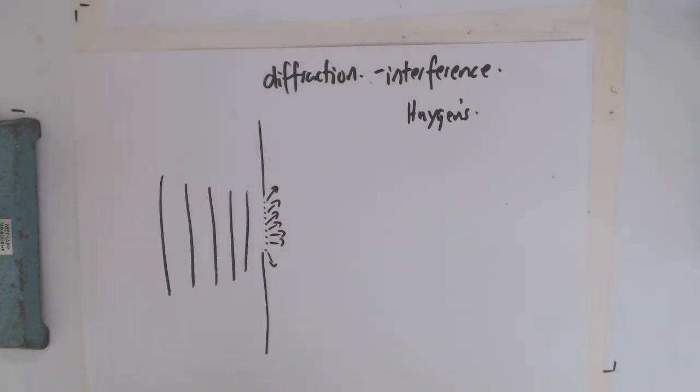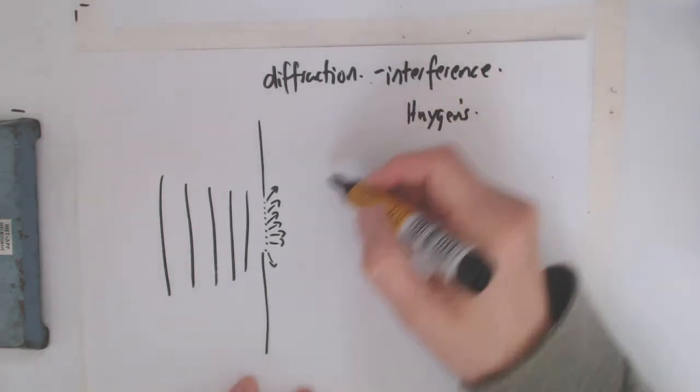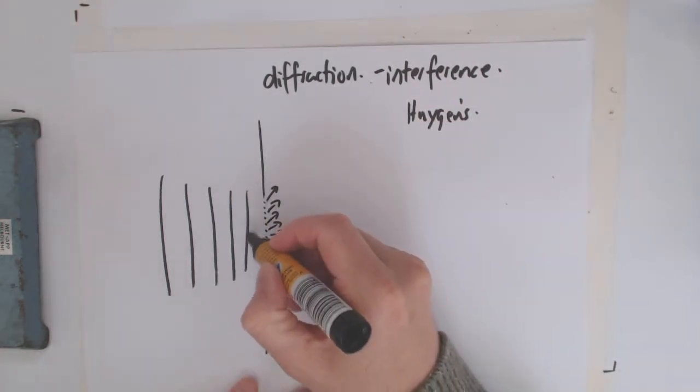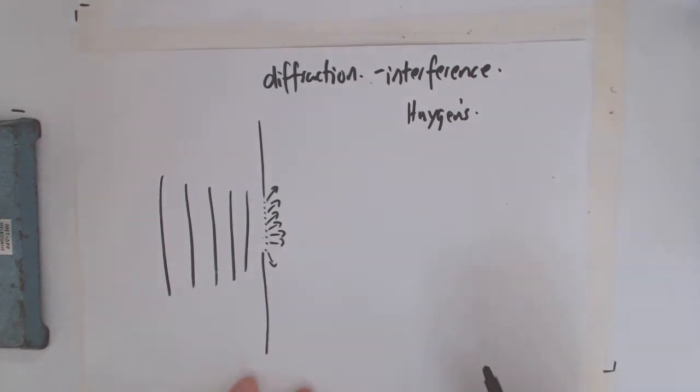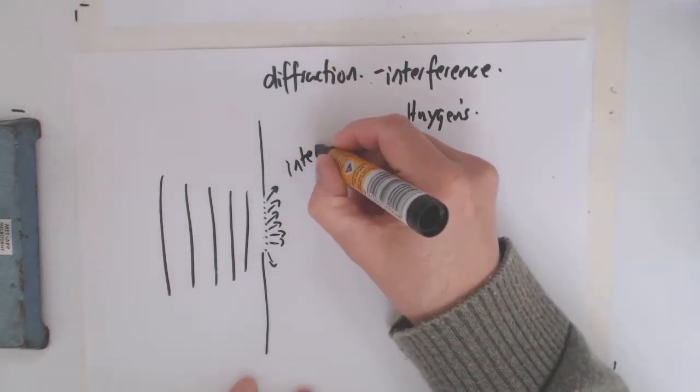And they do. But what happens is that the next wave comes along, right? So this wave then comes along, does the same thing, and we can get some interference.